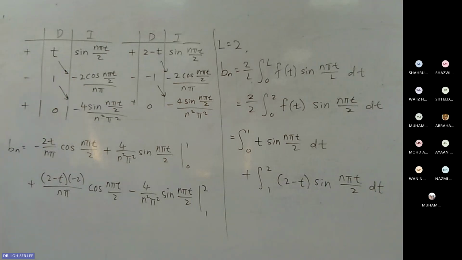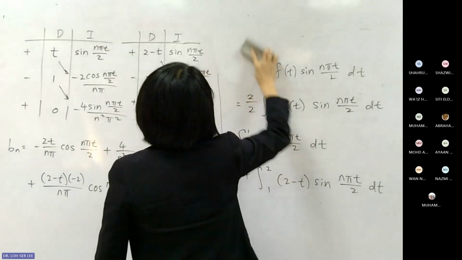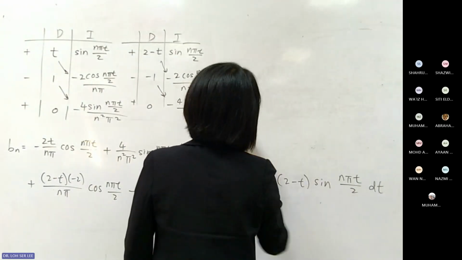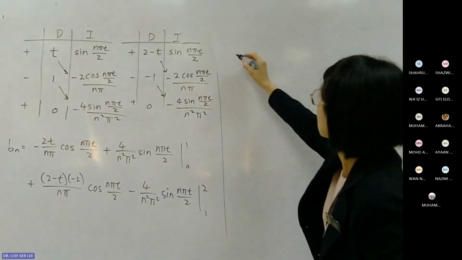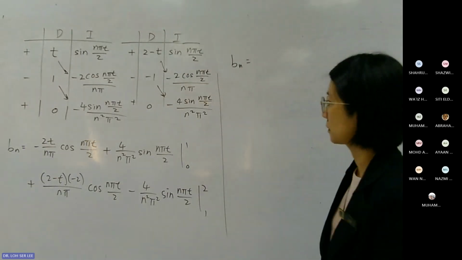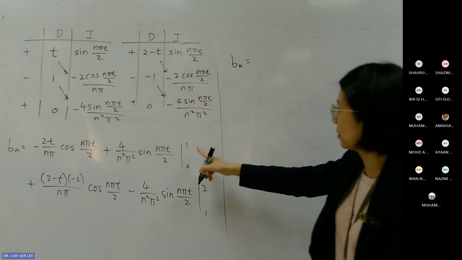Minus plus t times this one. 2 over n times t. Now substitution of values.